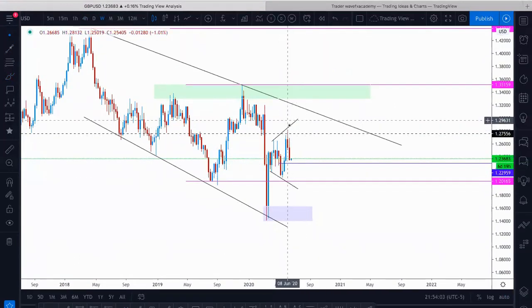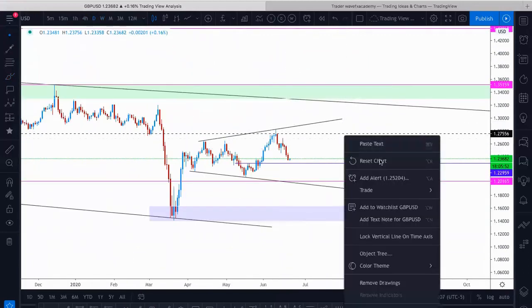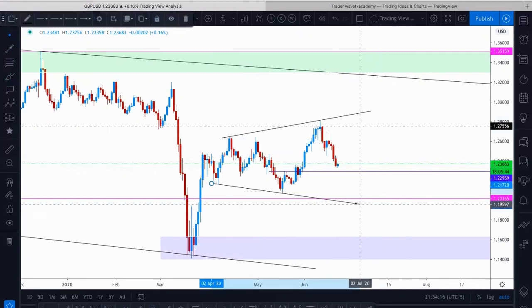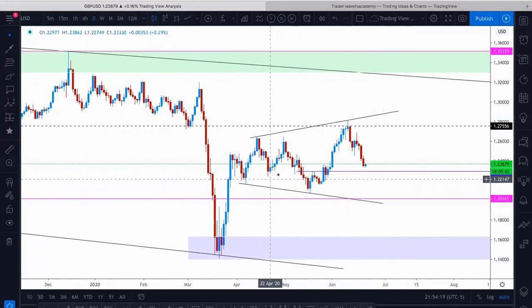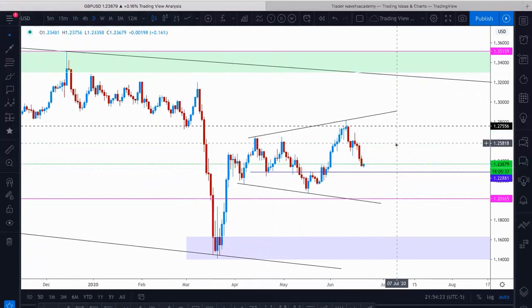So when we look on the daily time frame, as there's not much to really say based on the weekly time frame, like I said, there's more action to go off based on what we're seeing here on the daily time frame, right?